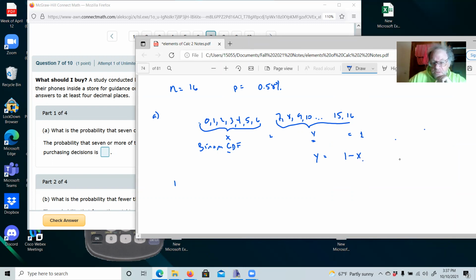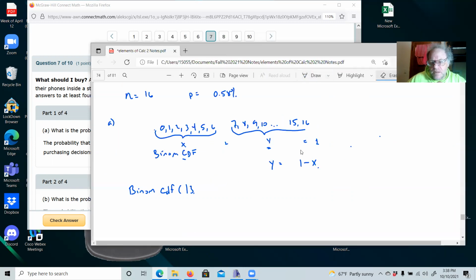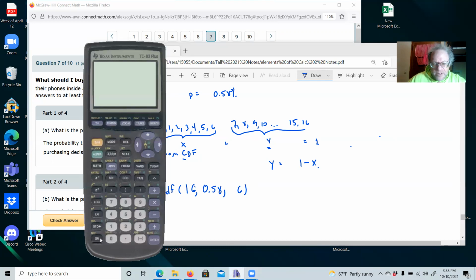So we're going to use Binomcdf. We have 16 possibilities, with a chance of success of 0.58, and we want to go up to 6. So what is that? Here's my calculator.